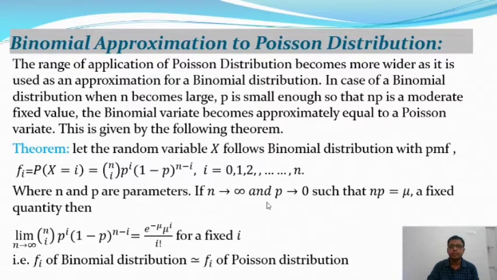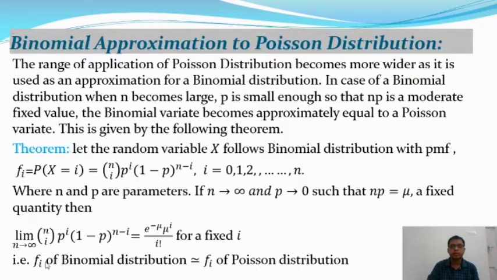If n tends to infinity and p tends to 0, such that np is equal to mu, okay, and mu is the parameter of the Poisson distribution, and np is equal to mu, a fixed quantity, then in the limit as n tends to infinity, nCi p to the power i into (1 minus p) to the power (n minus i) is equal to e to the power minus mu, mu to the power i by i factorial, for a fixed i. So therefore f(i), the probability mass function of a binomial distribution, is equivalent to f(i) of a Poisson distribution.